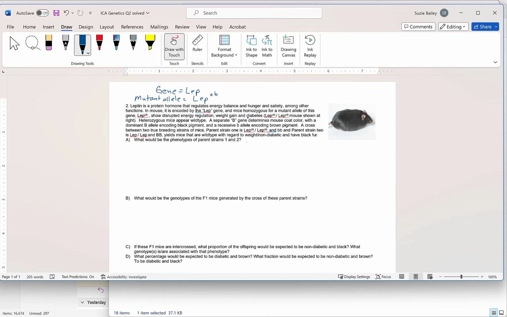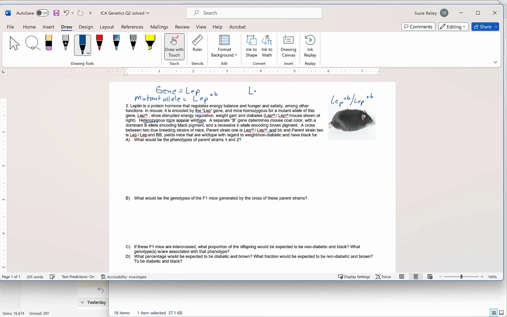It's associated with diabetes, right? You can see an image of a mouse over here on the right that is LEP-OB, LEP-OB, so they are homozygous for that mutant allele, and you can see they're much bigger than we'd expect an average mouse to be, and these mice also end up being diabetic. Important information is coming though, because it says heterozygous mice appear wild type.